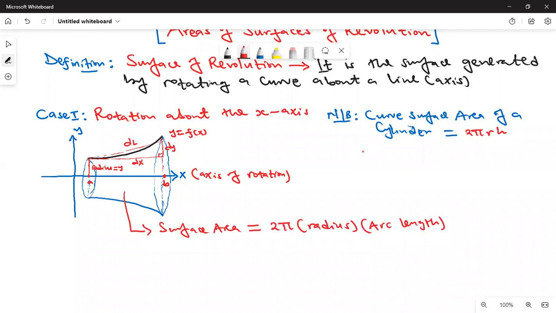So we are going to replace that radius and the arc length by: radius is y and the arc length is dl, so that a small change in the surface area, dA, is equal to 2 pi, our radius is equal to y, and our arc length is equal to what we are calling the dl.